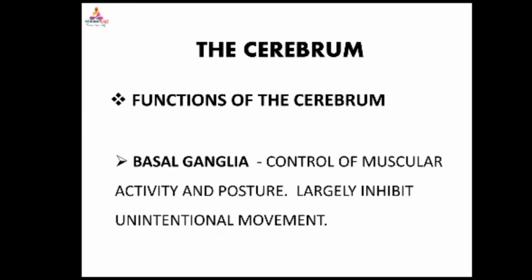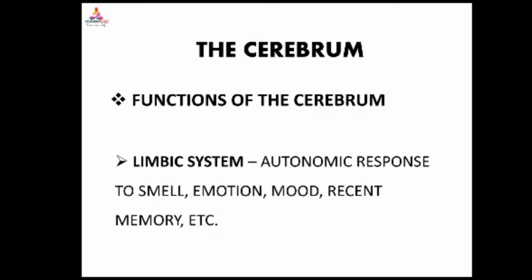Function of the basal ganglia: control of muscular activity and posture, largely inhibiting unintentional movement. Limbic system: autonomic response to smell, emotion, mood, recent memory, etc.